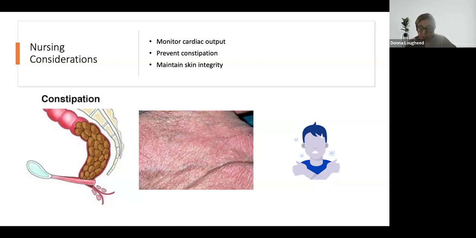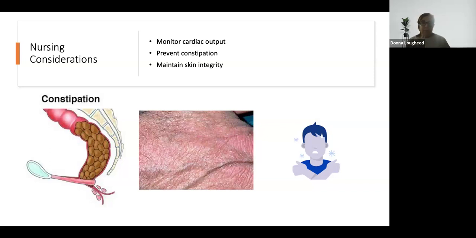You want to monitor respiratory rate and breath sounds. You want to avoid chilling because chilling increases metabolic rate and puts undue increased stress on the heart. So what nursing actions could you take to prevent chilling? Well, you could get warm blankets, avoid drafts, increase the temperature of the room, and alternate periods of activity with periods of rest.